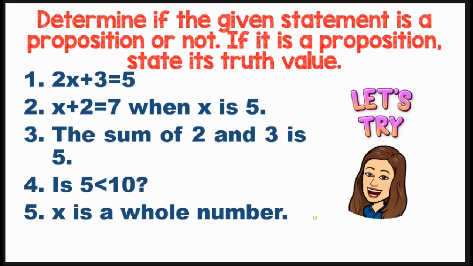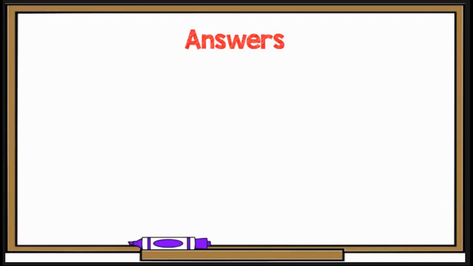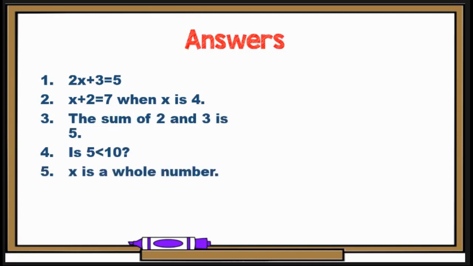Again, I want you to get a piece of paper and then try to answer this activity. You can pause the video and then play it again when you are done. So I assume that you are done. These are the answers. Let's start with number 1. 2x plus 3 is equal to 5.